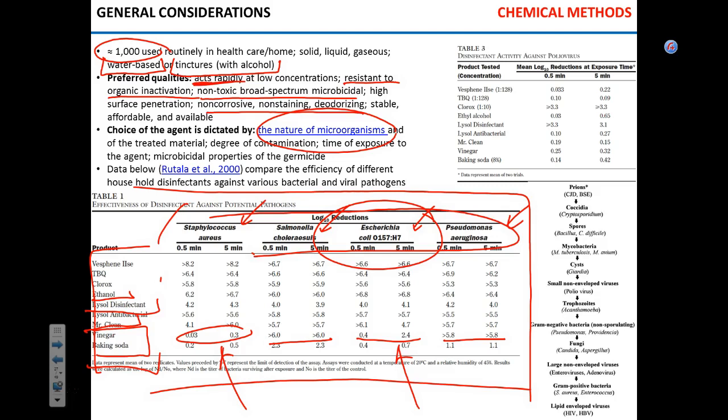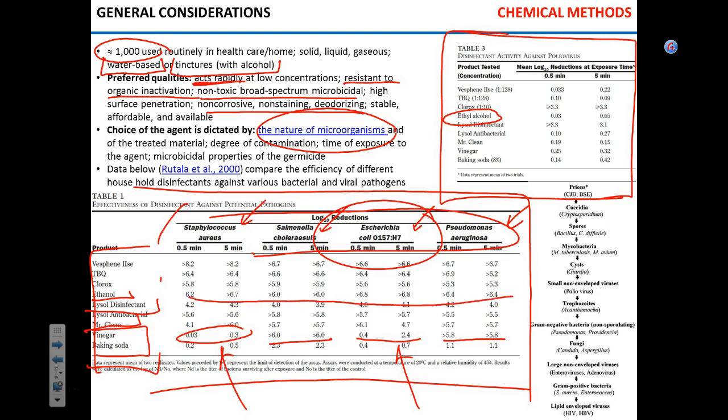Now, what's also interesting is that if you would look at the table 3 in that corner, that's the data, similar data, for poliovirus. Now, we will talk why poliovirus a bit later, a couple of minutes, but look at this. So, for instance, ethyl alcohol that seems to work marvelously against all bacteria has practically no effect against poliovirus.